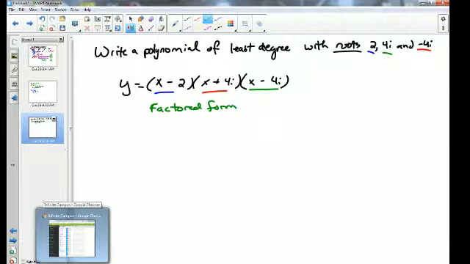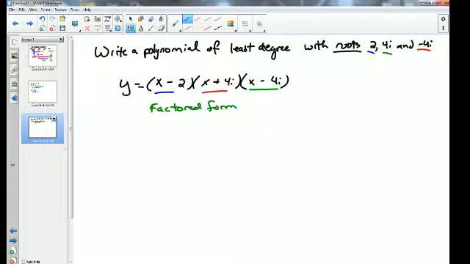Okay. So let's finish this one up by distributing. I'll just leave this one alone for now. Or you can leave this one alone. It doesn't matter. Just pick one and set it aside.